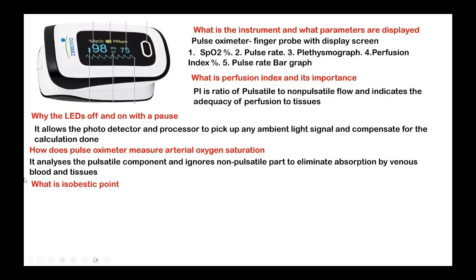And what is isosbestic point? Two or more wavelengths at which the absorption will be equal. Iso means same.